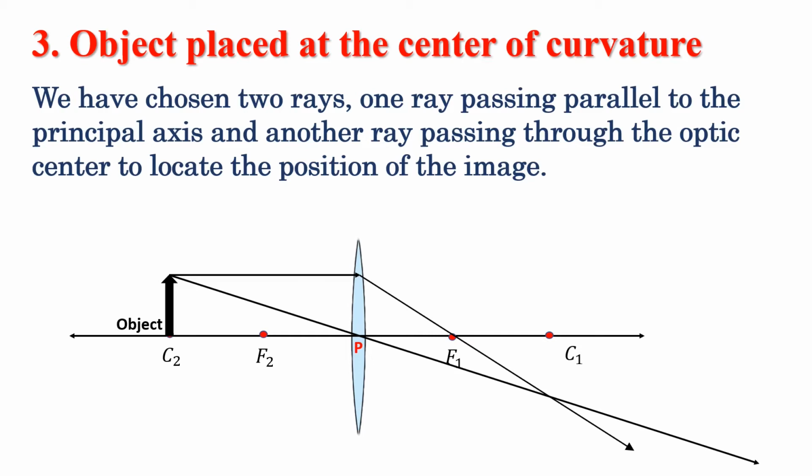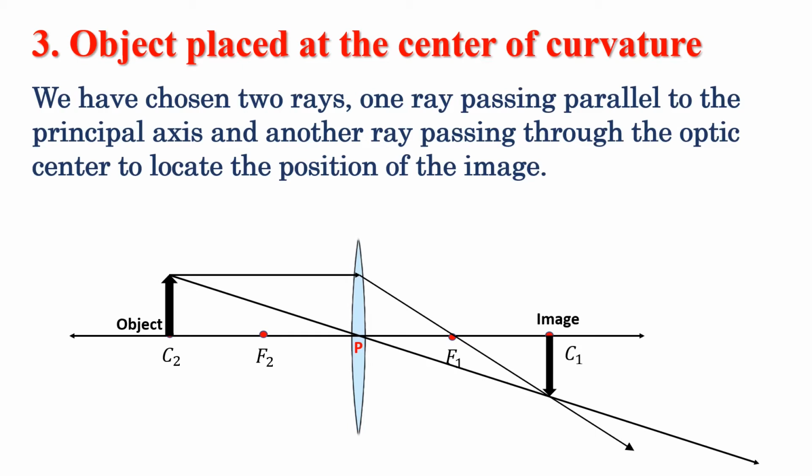These two rays intersect on the other side and at that point we get the image. You observe the image is forming at the center of curvature on the other side, that is C1.